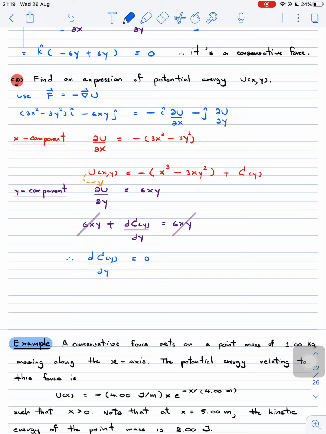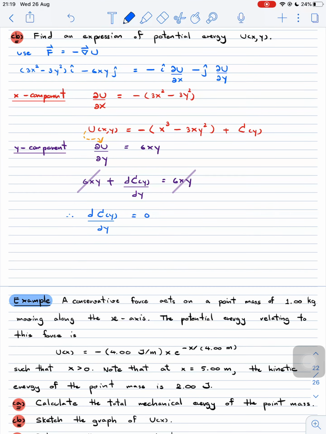So it means that this function c doesn't depend on y. Or we can say that c is a numeric constant. Okay, it is a constant in the number, not in the variables here.